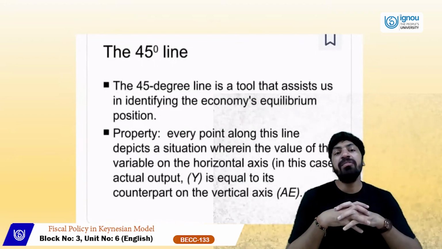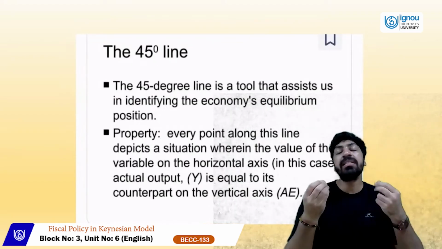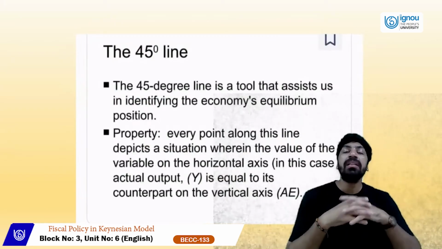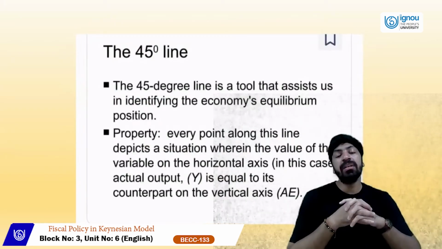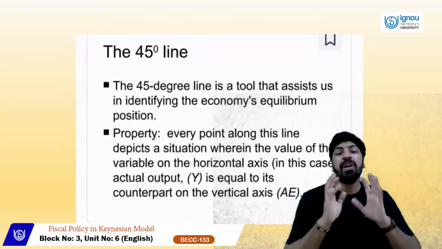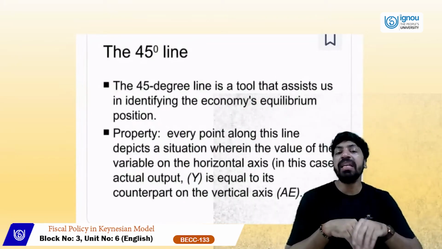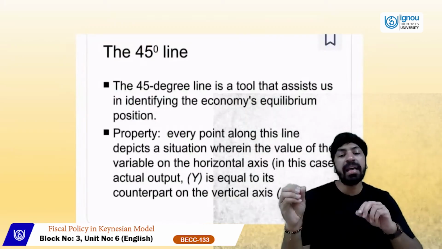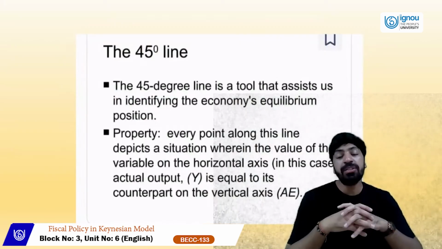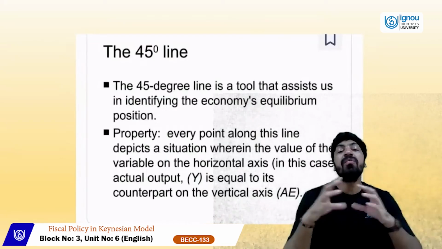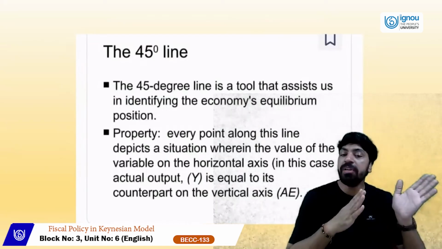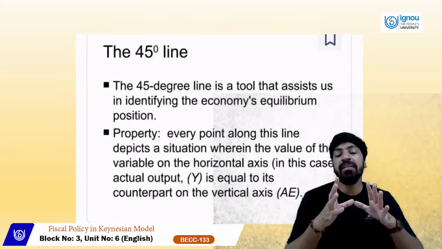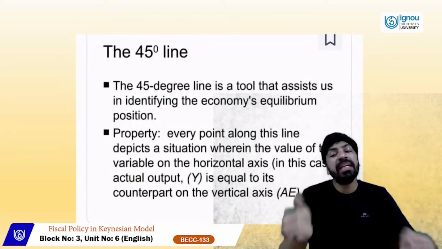So, what is the 45-degree angle line? It's just a tool which assists in identifying the exact economy equilibrium position. One property of the 45-degree line is that any point along the line shows a situation wherein the value of a variable on the horizontal axis is equal to the value on the vertical axis.